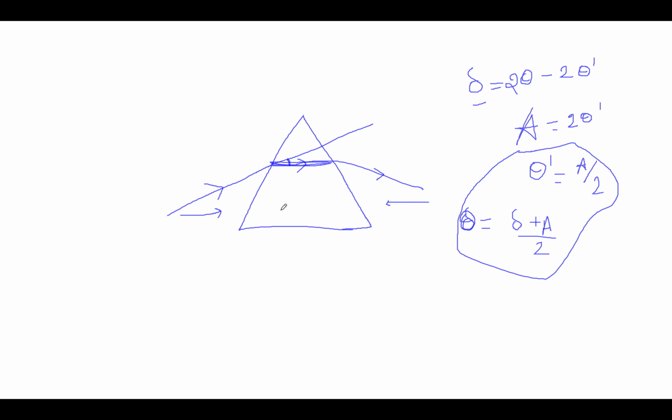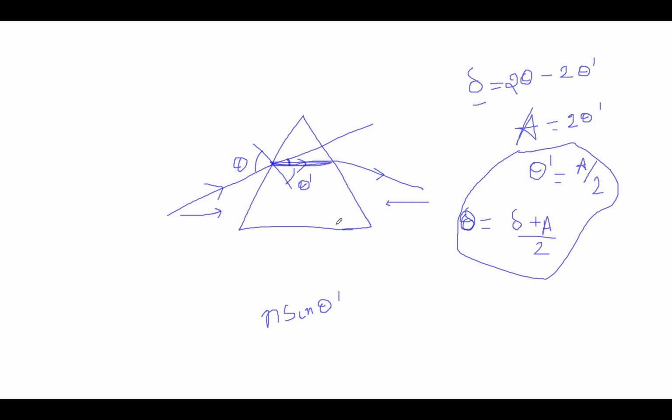So theta is the angle of incidence, right? If I were to draw a normal here, this would be theta. Our Snell's law would be n sine theta prime, so this is the theta prime here, right?